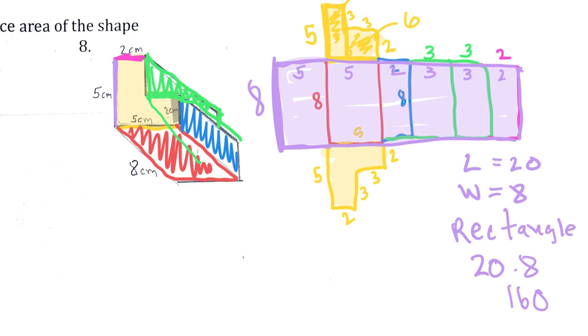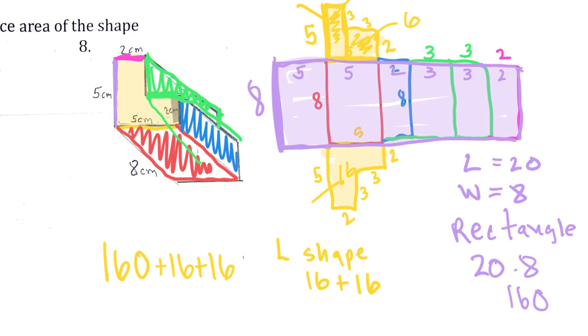So the area of my L shape is 10 plus 6. So I have 16, and I have it on the top and the bottom. So the total area is just 160 plus 16 plus 16. And if we add those together, we get 192. And it's in centimeters squared.